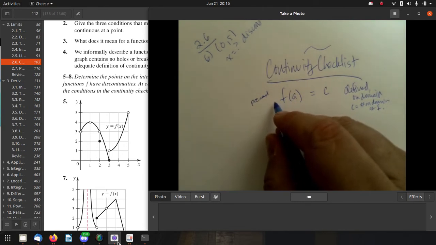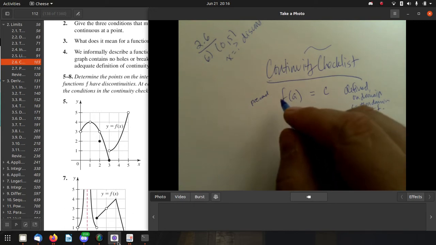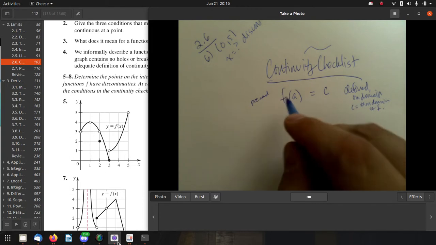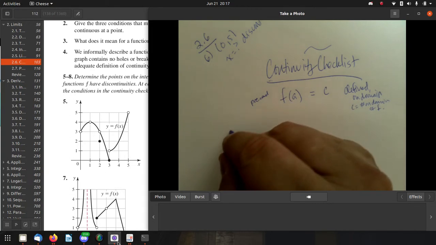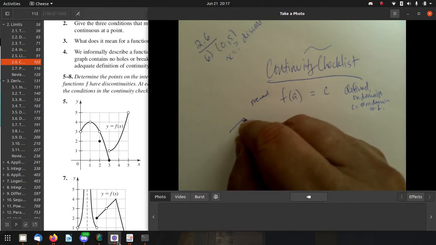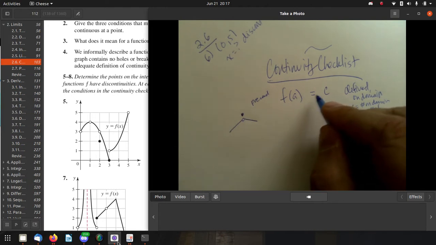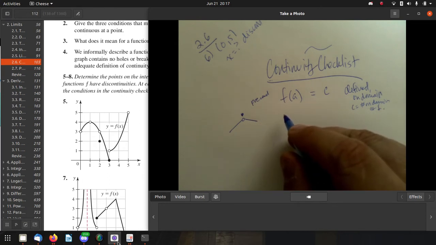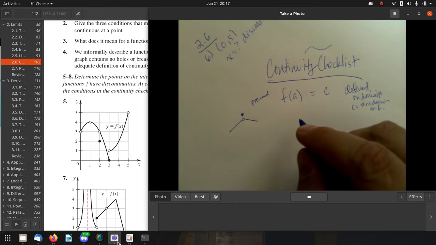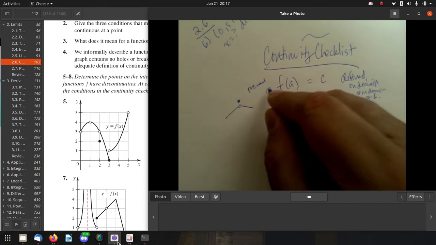This does not mean that having this alone is enough to be continuous. For example, if f of a does equal c, but I'm violating a different principle, the third principle.